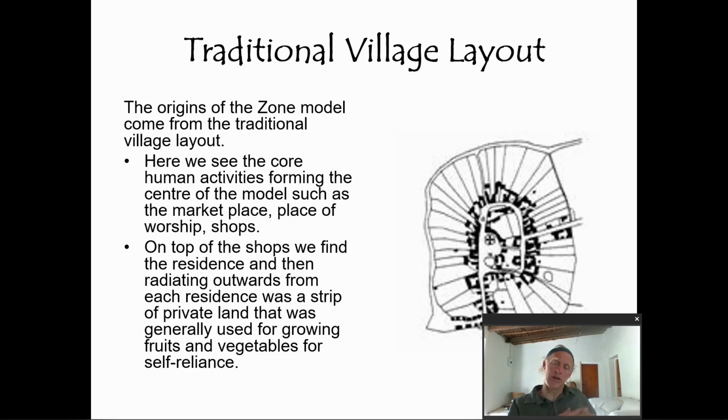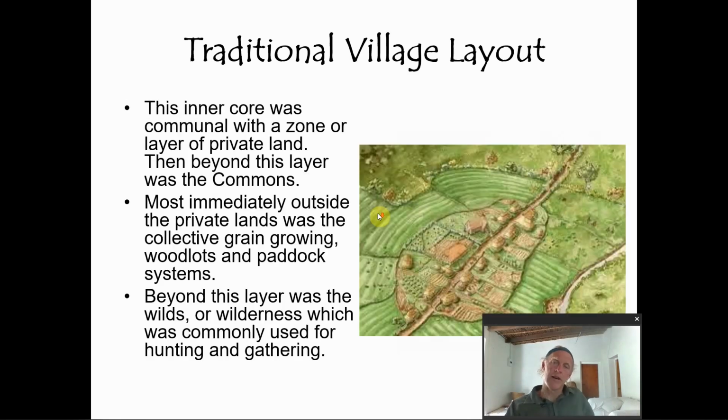There was large-scale grazing land which was managed collectively, and then there were wilderness areas, forests and lakes and things that were owned collectively, all out in the commons. And so this particular model set the foundation for permaculture, and permaculture has just scaled it up, refined it, and modernized it. We've got a lot more information, and our society is a lot more sophisticated now than it used to be. But you can see it here.